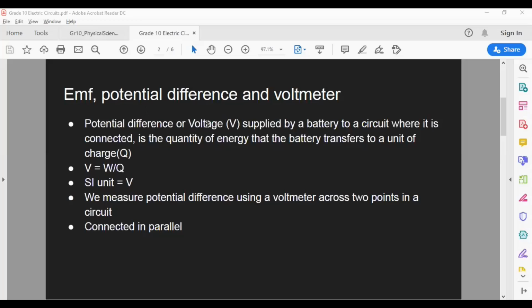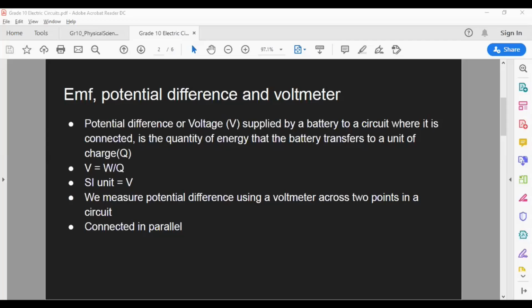So voltage has two different names. When we talk about the voltage of something, we are talking about the EMF, which stands for electric motor force. The EMF is usually used to describe the voltage in a cell or a battery.